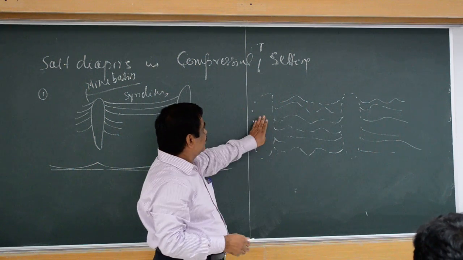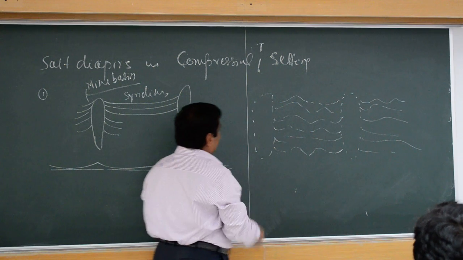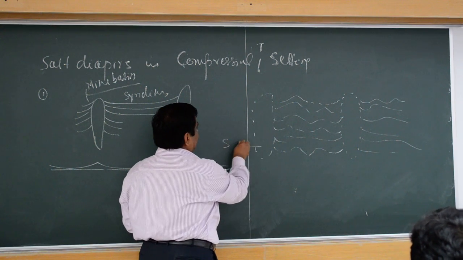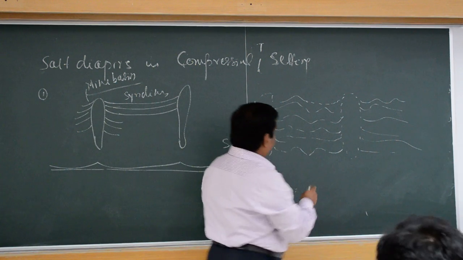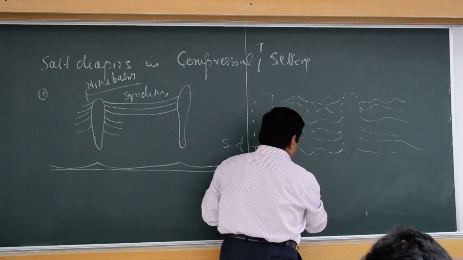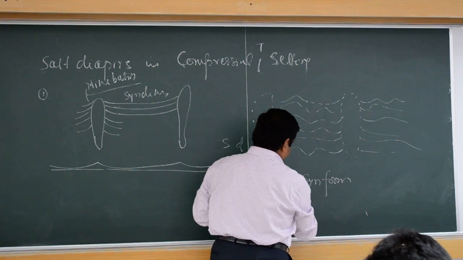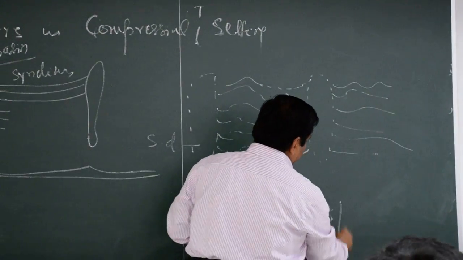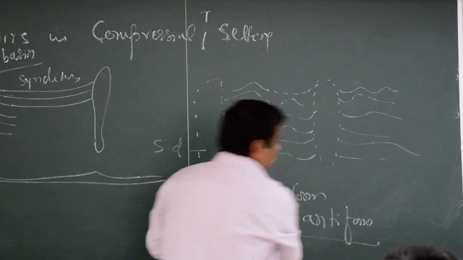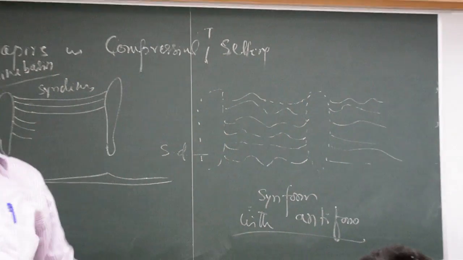So these are those transparent spaces. They indicate the salt diapir. So these types of structural things, generally synform with or without antiforms, are all indications of compressional settings.